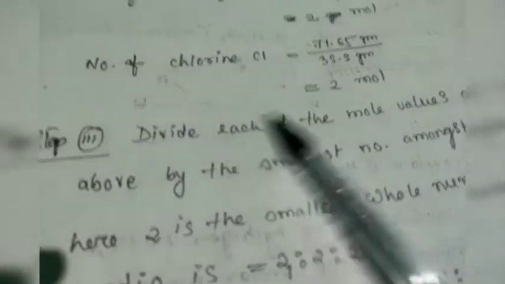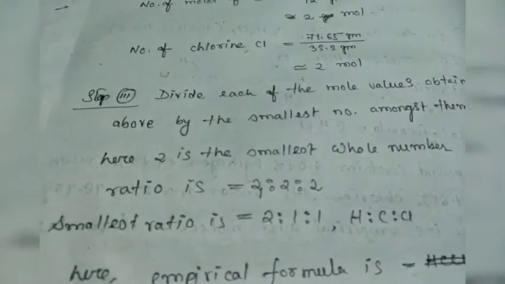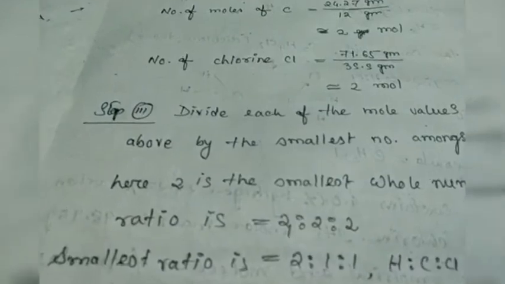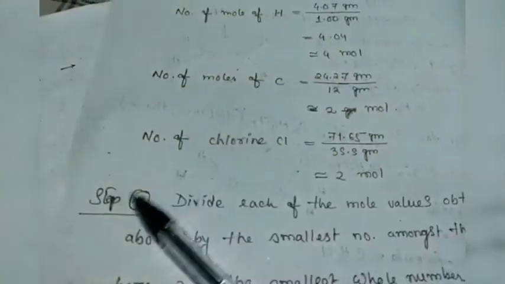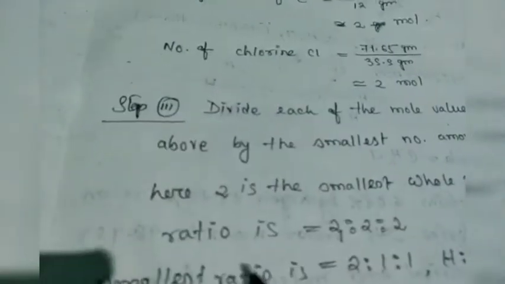So the ratio of the number of moles of hydrogen, carbon, and chlorine is 4:2:2.